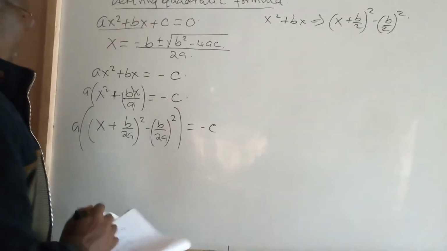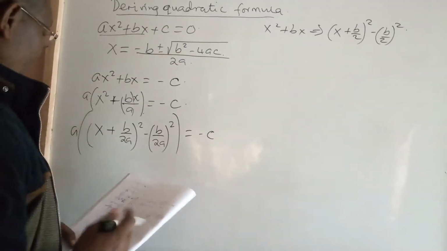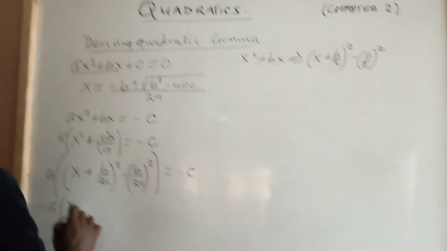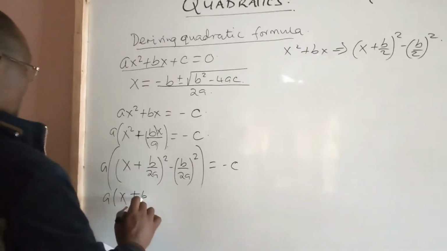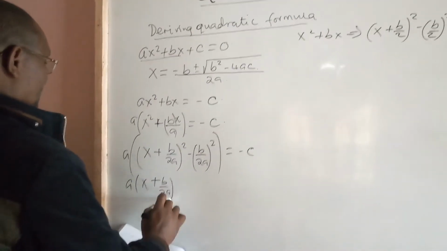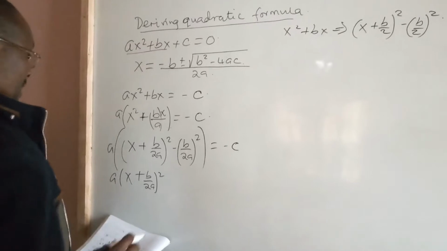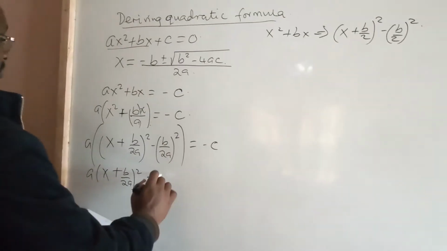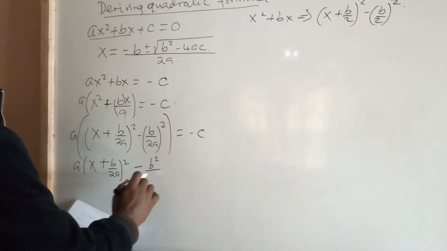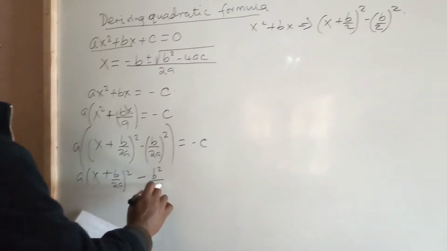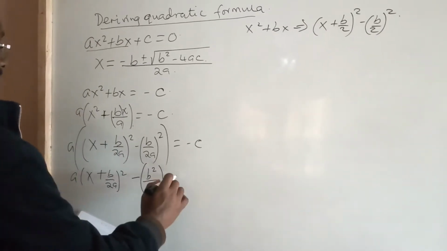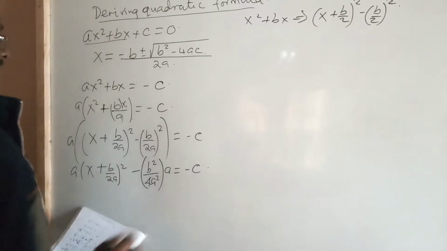Fine. If we wish now to open this bracket, you're going to find something that looks like this. a affects the first bracket, x plus b over 2a, still squared, minus, when you open this bracket, b squared over 4a squared multiplied by a, which gives you negative c.